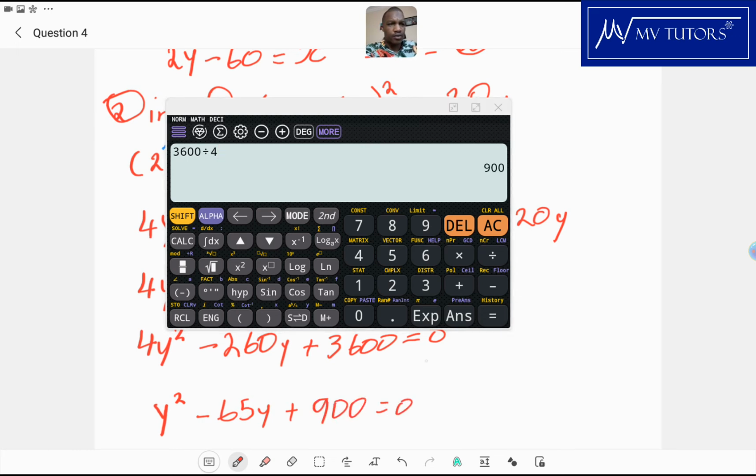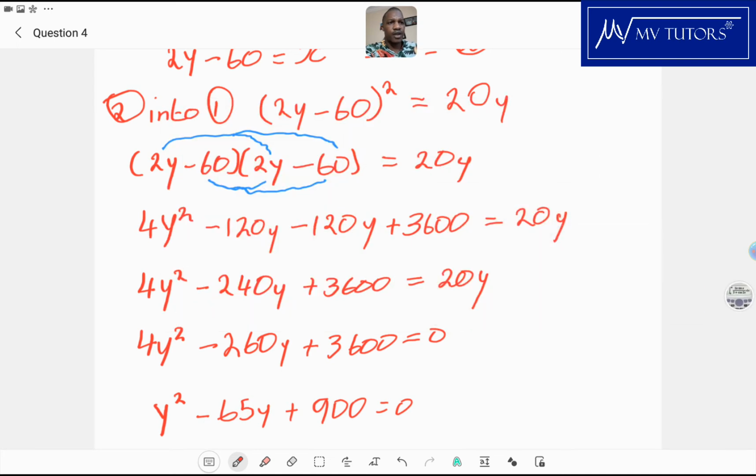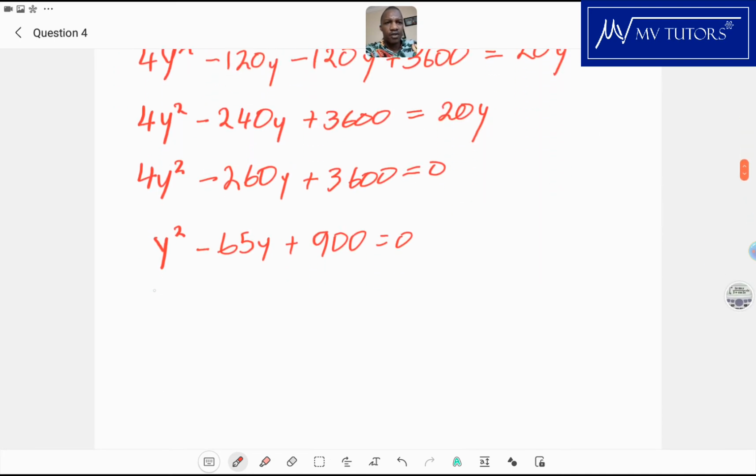This equals to 0. Okay, now I can factorize this. I'm going to open 2 brackets. That'll be equals to 0. Put y on both sides. Now I need a number that when I multiply, it will give me 900, and then when I add them, they give me 65.